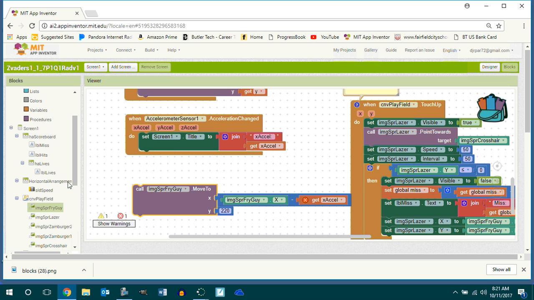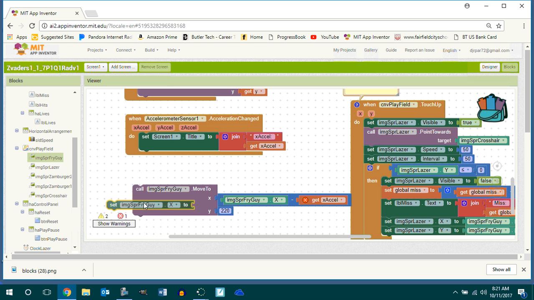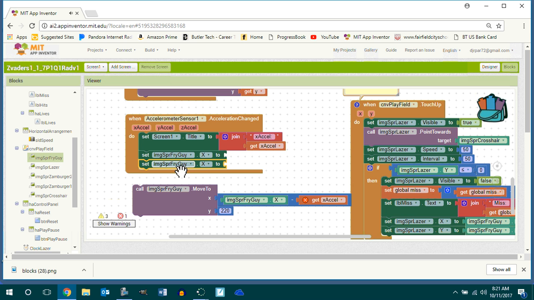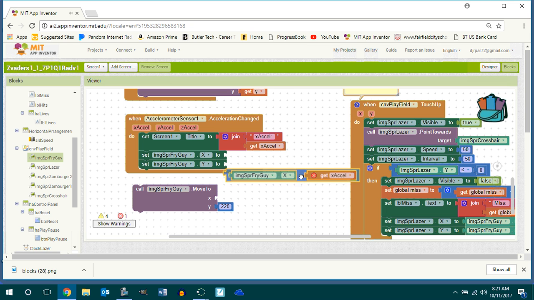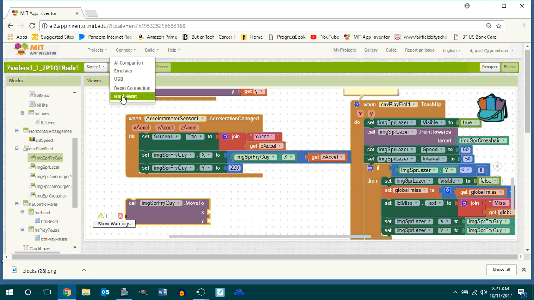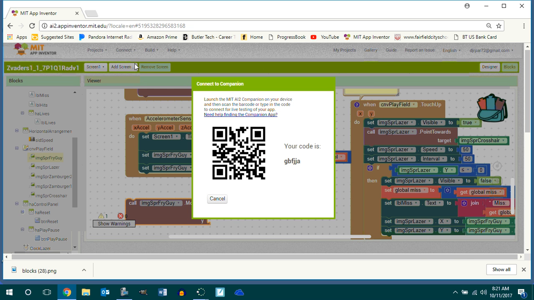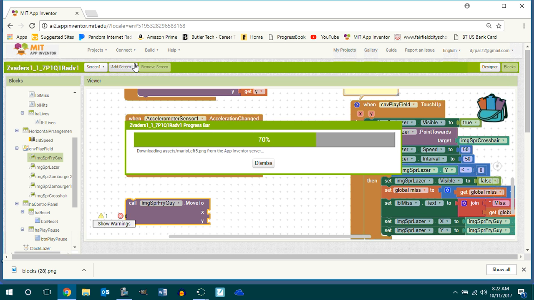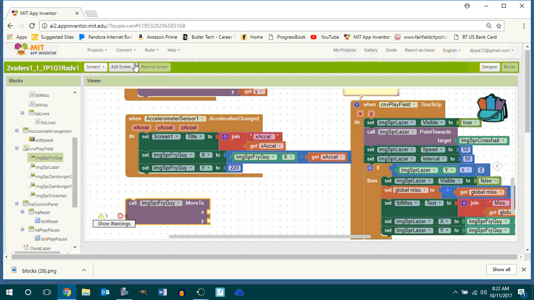And I'm going to go in here to fry guy and set its X and set its Y to be these two. I don't know what this move to functions. I'm going to see if this move to function.